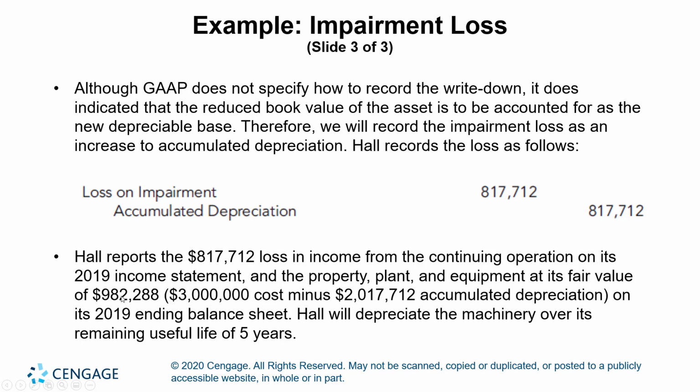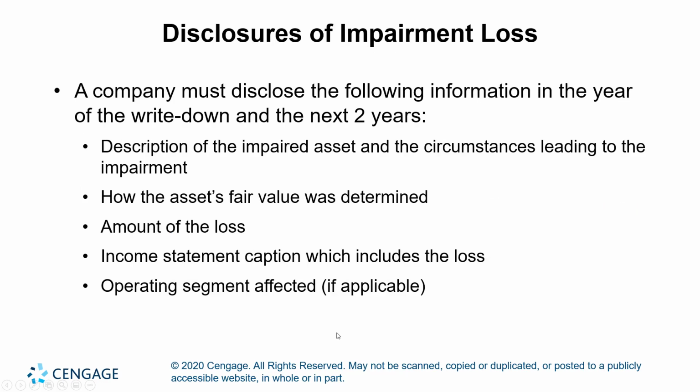A company may dispose of plant, property, and equipment by sale, involuntary conversion, abandonment, or exchange. When a disposal occurs, a company recognizes a gain or loss on the disposal, which is the difference between the book value of the asset, which is cost minus accumulated depreciation, and whatever consideration you receive in exchange. A gain or loss arises because depreciation is a cost allocation process, and its application does not result in the asset being reported at its market value.